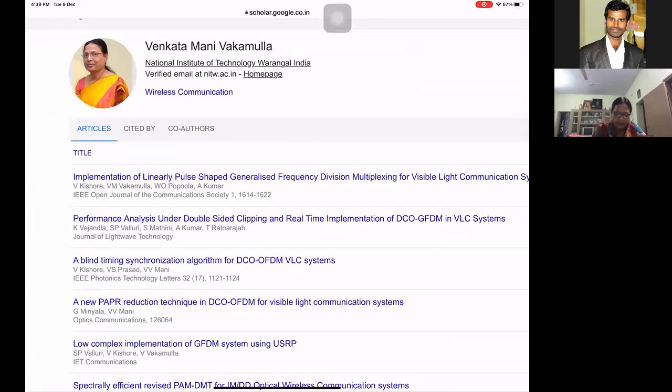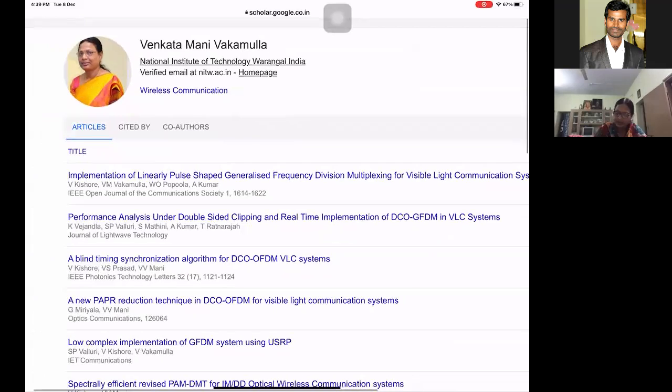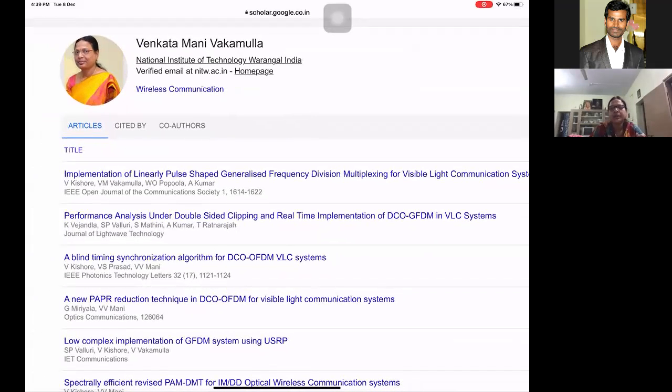It's a very high impact factor journal. And one more paper we have published in DC. So GFDM is applied to VLC. GFDM is an RF communication technique, right? So this RF technique is applied to VLC. And we got a very good paper, and also we have tested this GFDM on a visible light communication test bed.